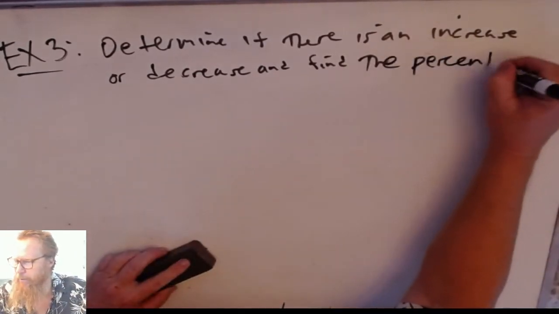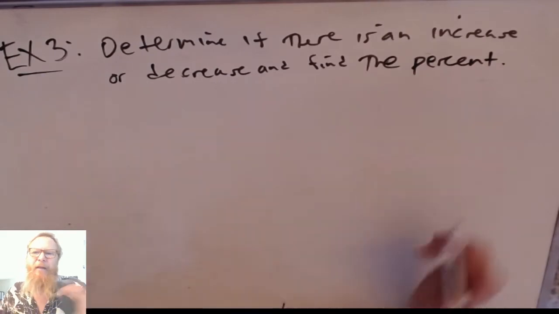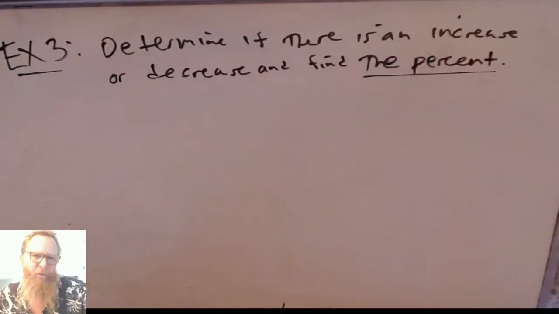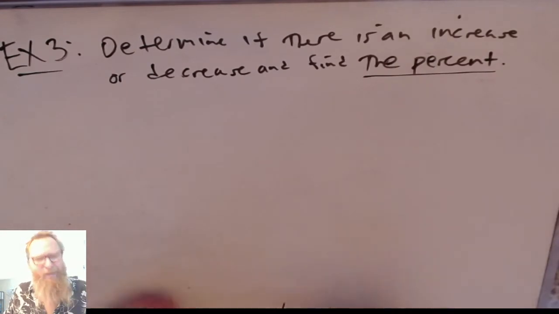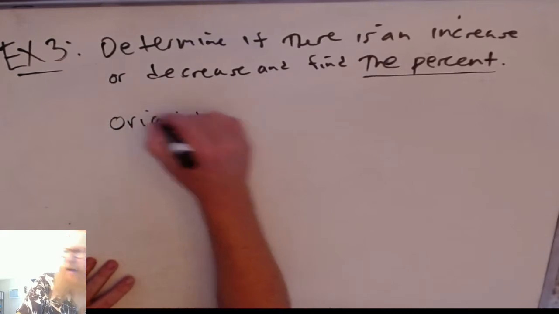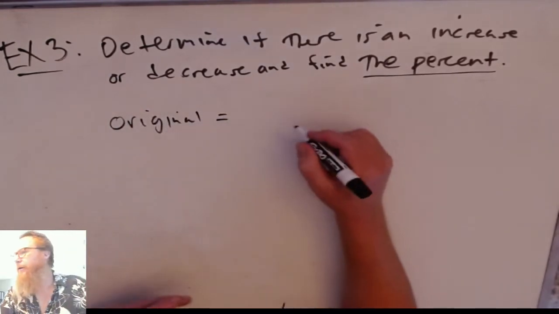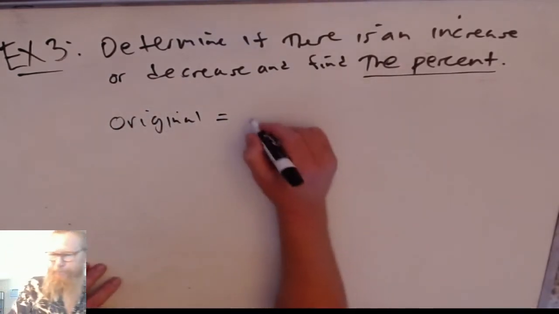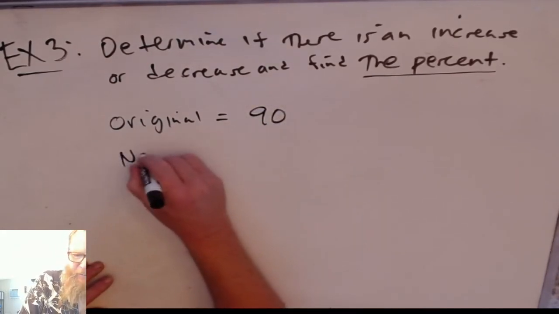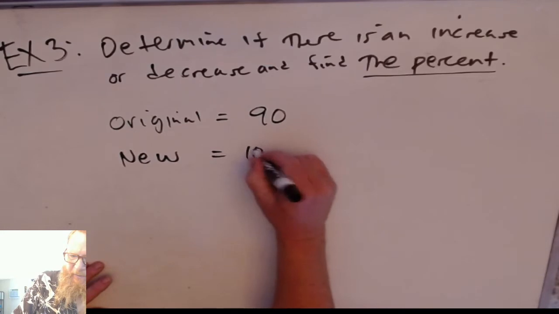By the way, when I say find the percent, I mean the percent of increase or decrease, obviously. That's all we're talking about today. So suppose the original amount was 90, and the new amount is 100.